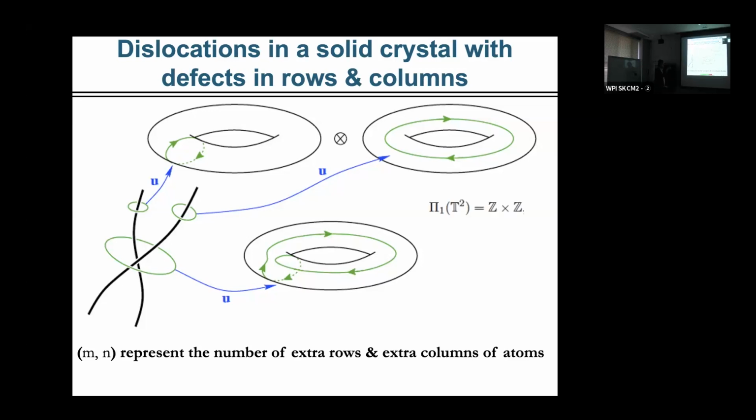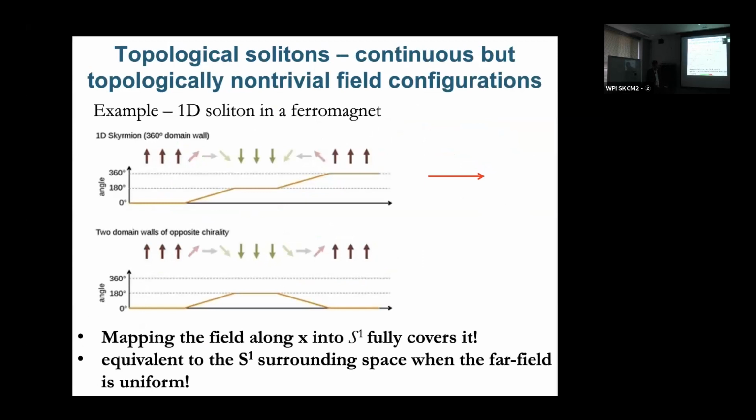So the number of times you encircle the torus going through the hole or around the hole is characterized by these two integers. And this is describing the entire set of possibilities that we could have for these types of singular defects.